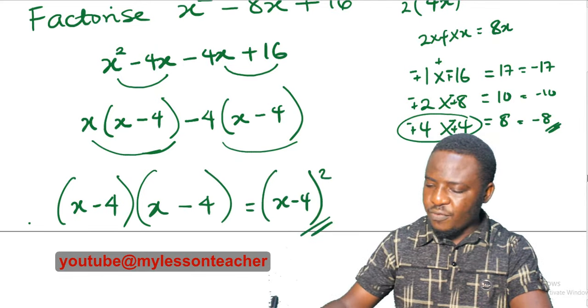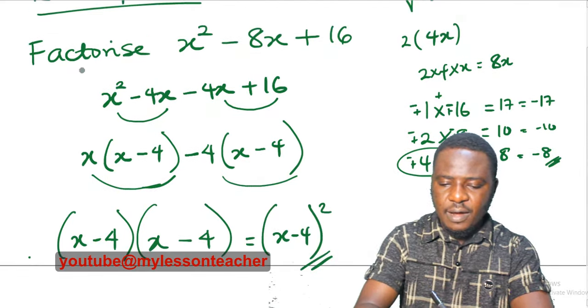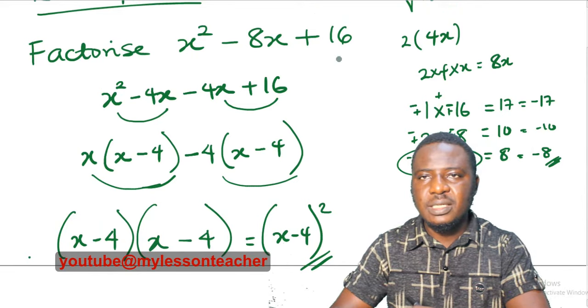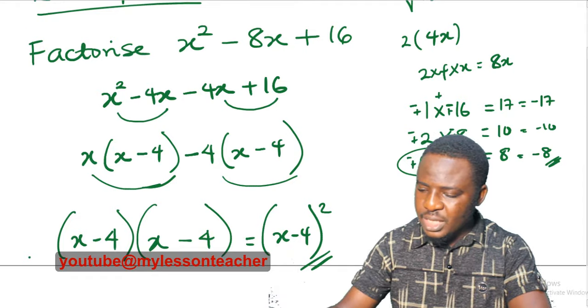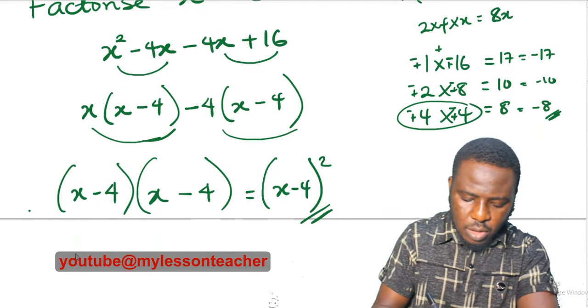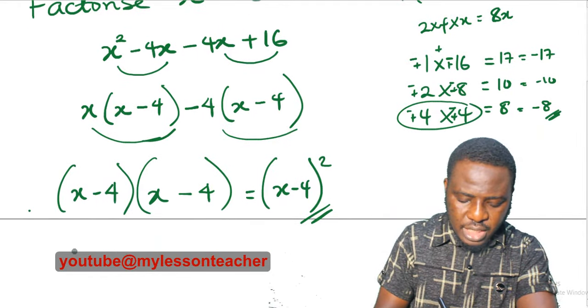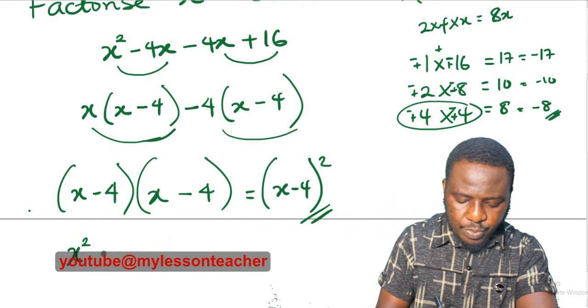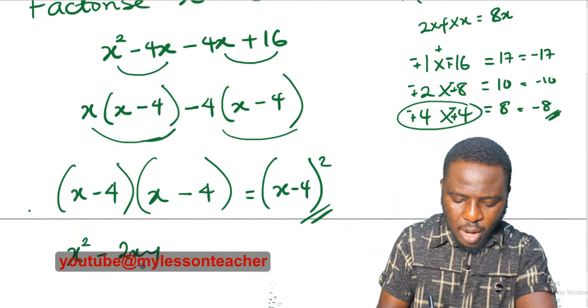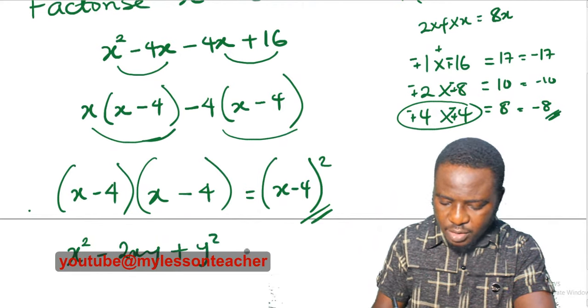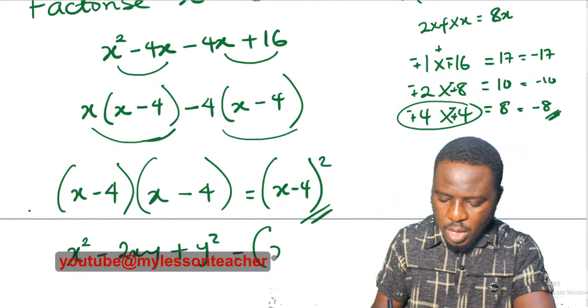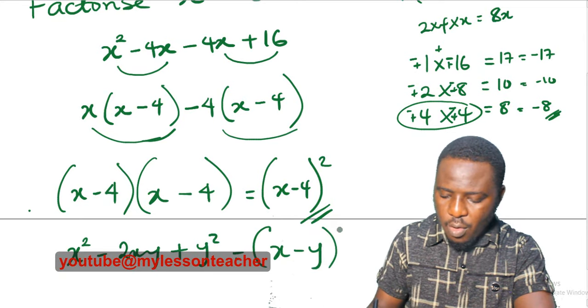Now I have been able to factorize it as demanded. And if you look at it, remember we said a quadratic expression of the form x squared minus 2xy plus y squared can be factorized to be equal to x minus y all squared.